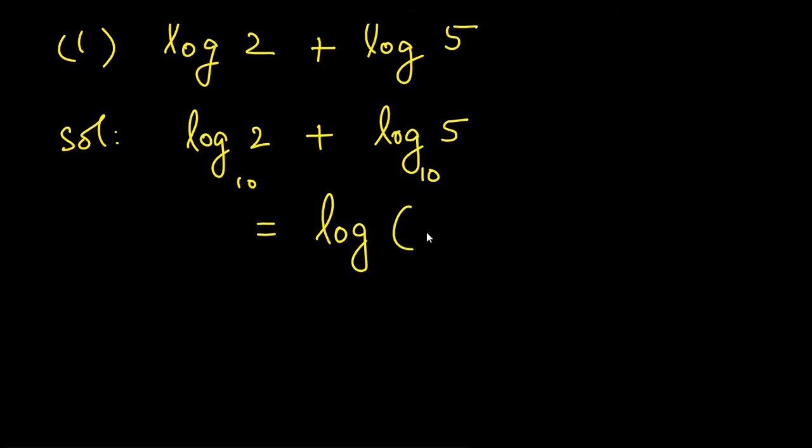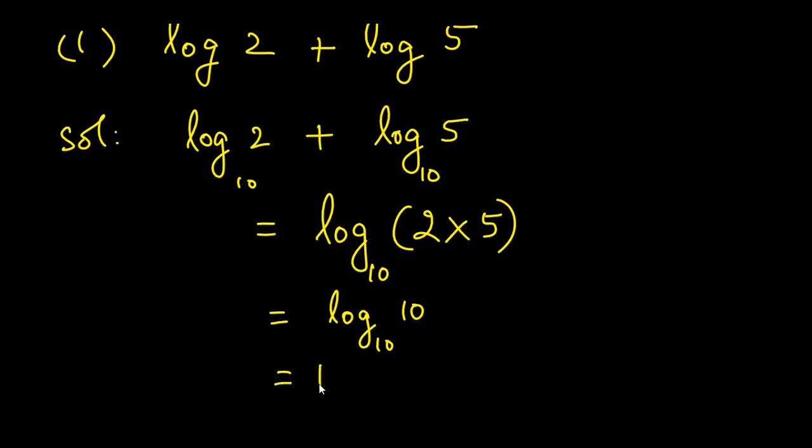Log of 2 into 5. So this base is 10. If here log of some tens is there, then we can get the value very easily. So 2 into 5 is 10. So we use product rule here. Log of 2 into 5 to the base 10 is equal to log of 10 to the base 10. This is equal to 1.